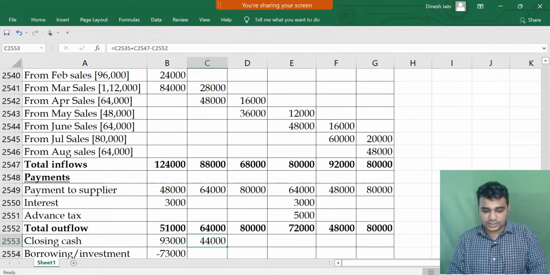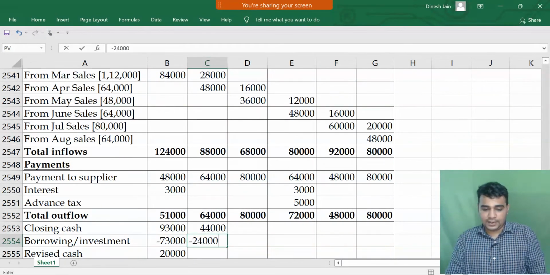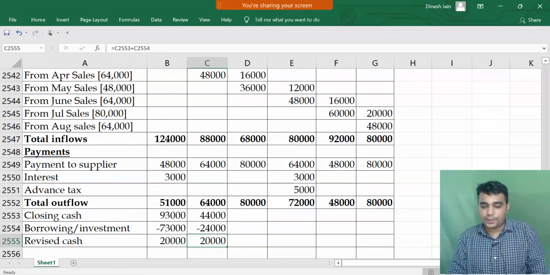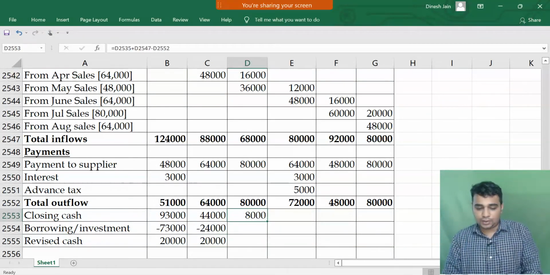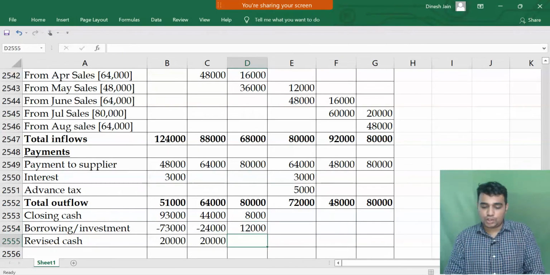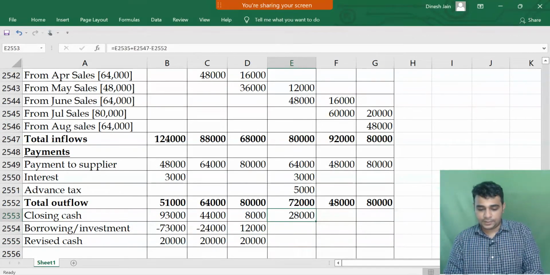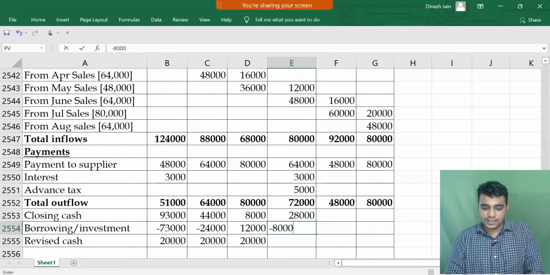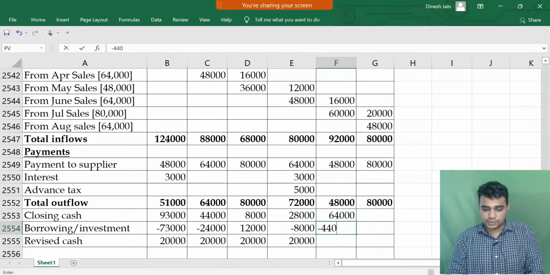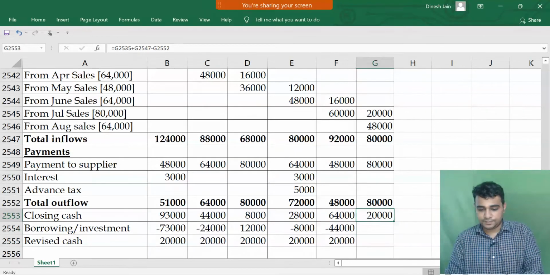You get a closing cash of 44, deposit 24,000, your revised cash is 20. Get a closing of 8,000, borrow 12,000, closing is 20. Deposit 8,000, 20. Deposit 44,000, 20.